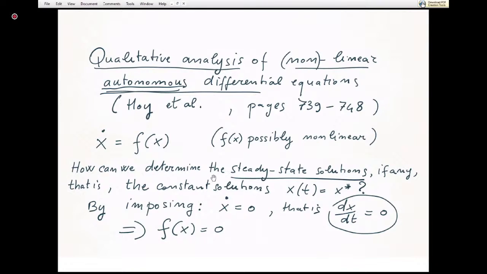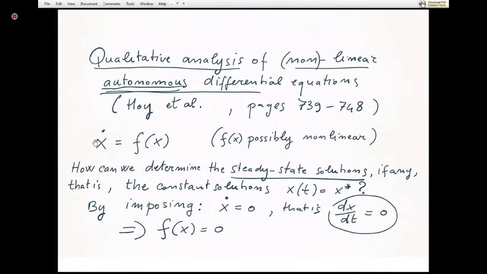First, simple question. How can we determine the steady-state solutions, if any? That is, what are the steady-state solutions? The constant solutions of the type x at time t identically equal to x constant, x star. And the answer is very simple. A constant solution, provided it exists, to this differential equation is constant.